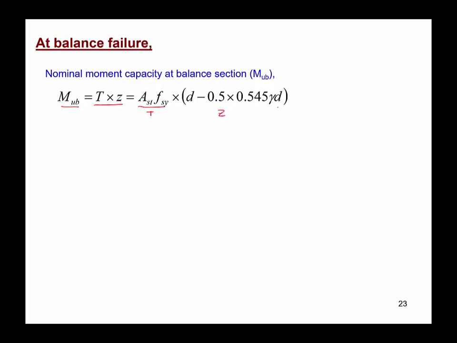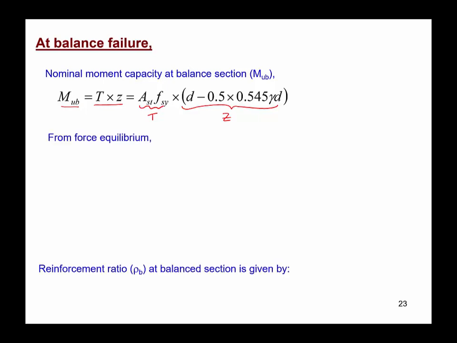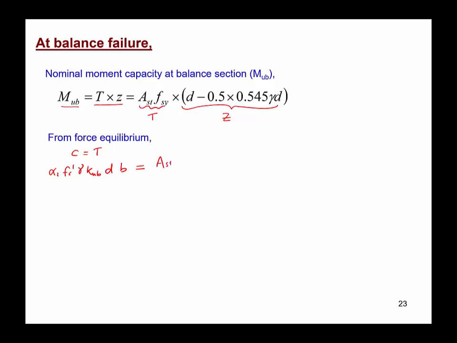Now for force equilibrium, C has to be equal to T. So again, equating the forces, alpha 2 Fc dash times the compression area should be equal to the area of steel multiplied by the yield strength of the steel.